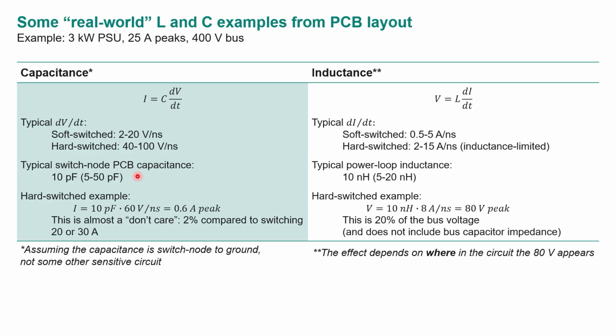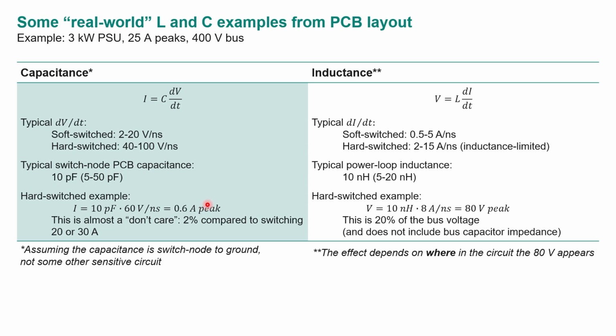The typical capacitance of that switch node that we looked at could be anywhere from 5 to 50 picofarad. We'll say 10. If we use 10 picofarad and 60 volts per nanosecond as our example, typical for this power supply, the current seen in this capacitance is only 0.6 amps.